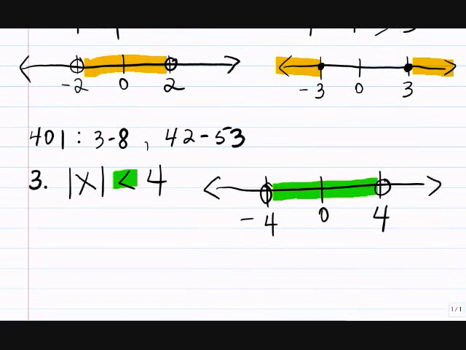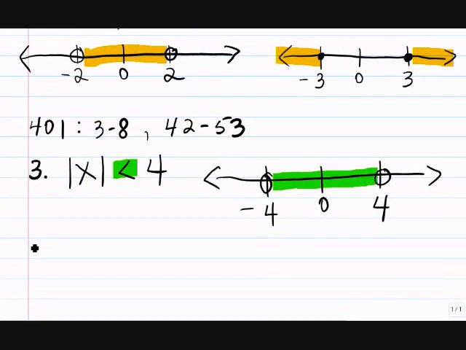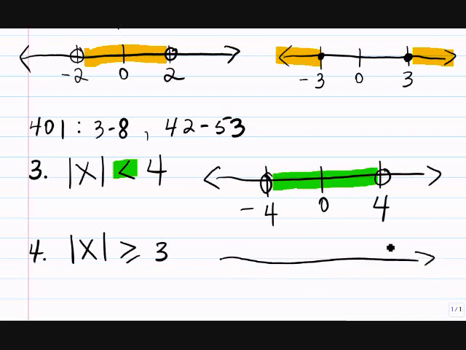Okay. Let's try another one. Number 4 says absolute value of x is greater than or equal to 3. I make my number line. The 3 and the -3 have to be on the graph.